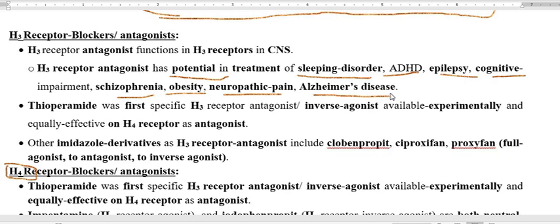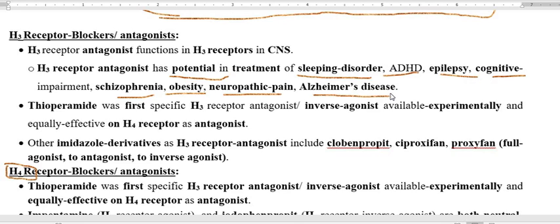And for your information, what is the full form of ADHD? It means attention deficit hyperactivity disorder. What is cognitive impairment? This is trouble in remembering.